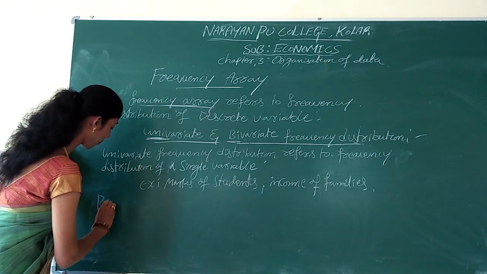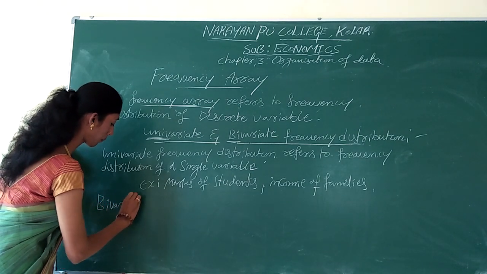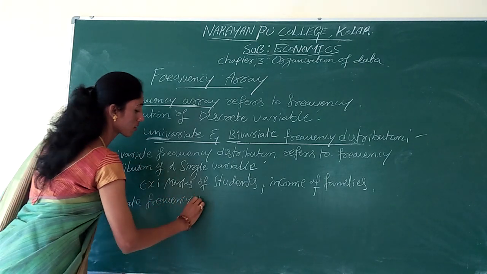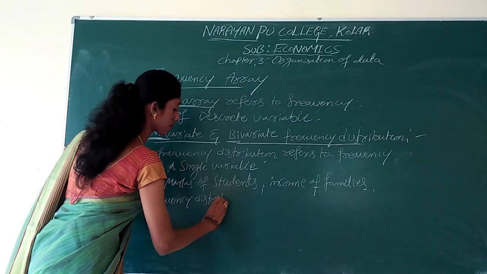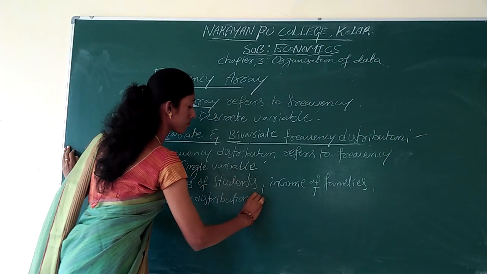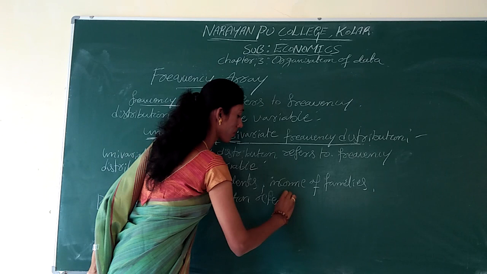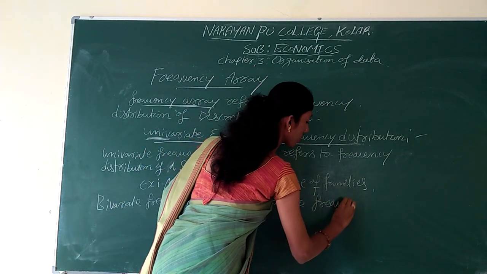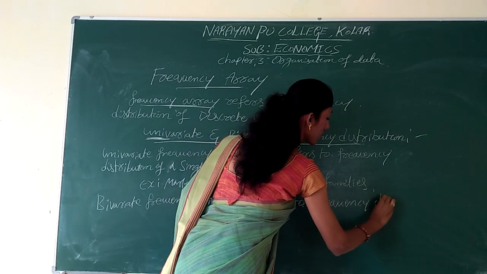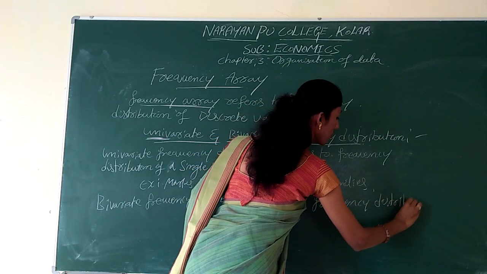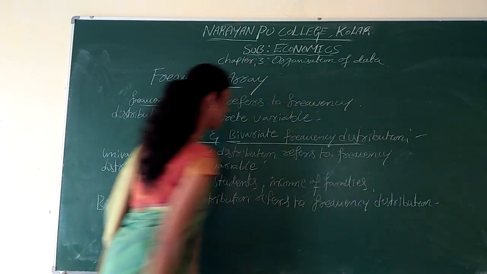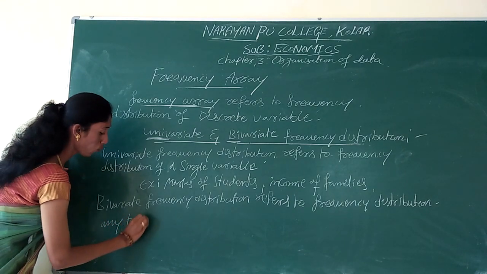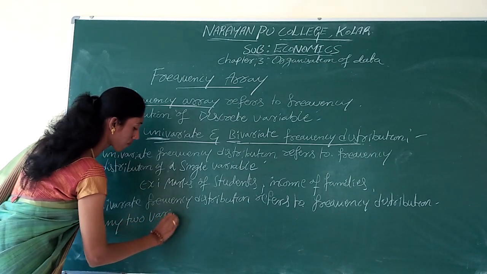Here, bivariate frequency distribution refers to the frequency distribution of any two variables.